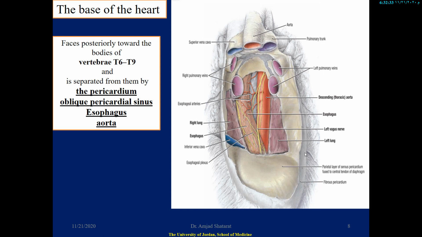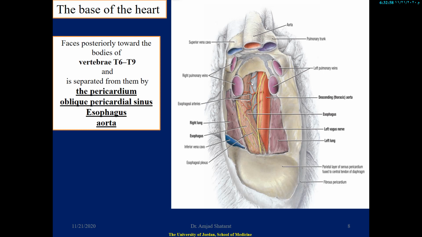The base of the heart faces posteriorly toward the bodies of vertebrae from T6 to T9, and it is separated from them by the pericardium, the oblique pericardial sinus, esophagus, and aorta.